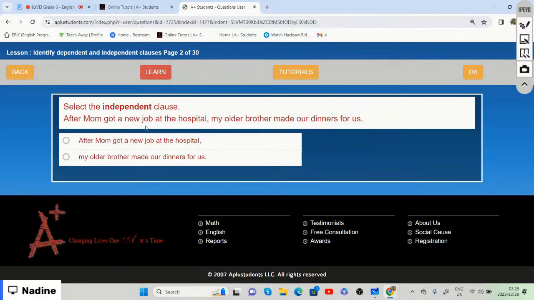After mom got a new job at the hospital, my older brother made our dinners for us.